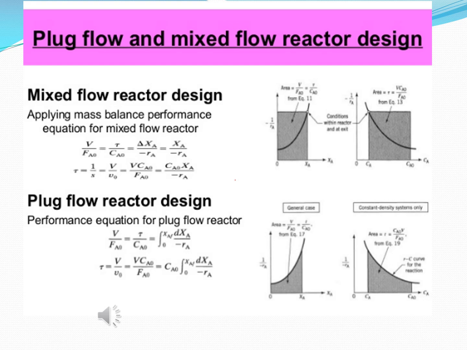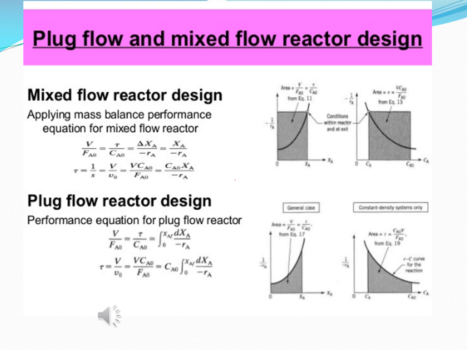So here you can see the comparison between the plug flow reactor and the mixed flow reactor. The performance equations of both reactors, whether mixed flow or plug flow, we have derived in the class. If we start from the mixed flow reactor design, after applying the mass balance across the reactor, we get V by Fa naught, which is equal to tau by Ca naught, is equal to Xa over minus Ra.